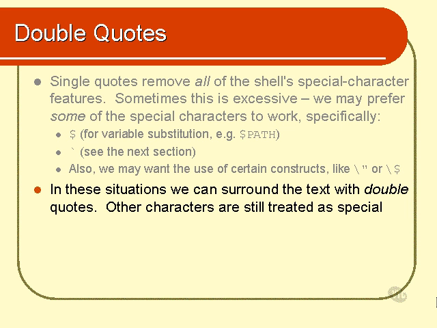If we surround the given text with double quotes instead of single quotes, then the above 3 different types of features will still remain special, while the other characters will be non-special. That's actually a typo on the screen in front of you. It should say the other characters are still treated as non-special. Let's look at that example.